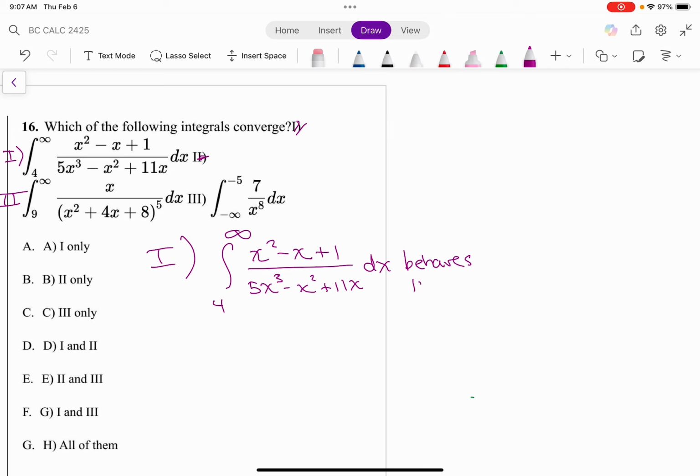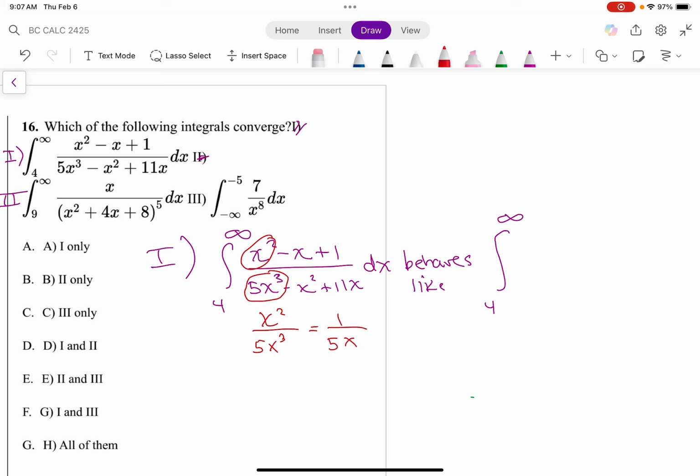It's multiple choice, we want to arrive at the right answer quickly. So it's going to behave like a p-series we recognize and memorize. To quickly get at the answer, you want to pluck out the highest degrees there. So that's x squared over 5x cubed, which is 1 over 5x.